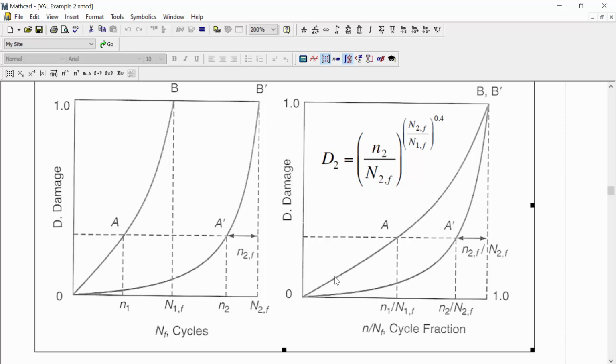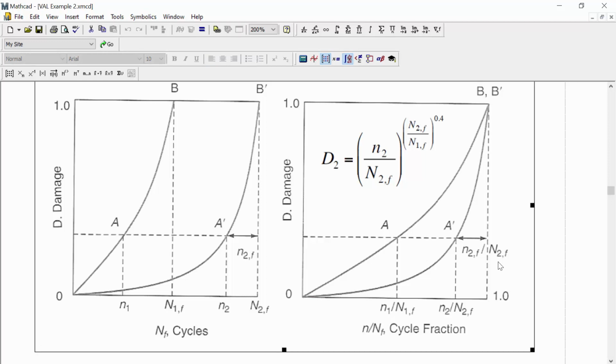So we're taking the path for the first step's damage up to its cycles to failure, and then we are trying to find what is the equivalent damage if we moved in a dotted line across to the stress level of the 2nd step. And then we will continue to accumulate damage from there, right?